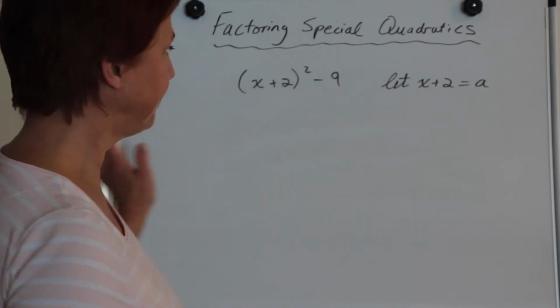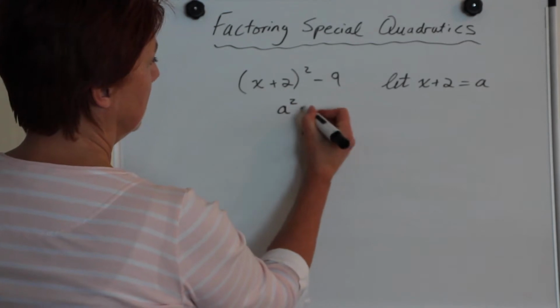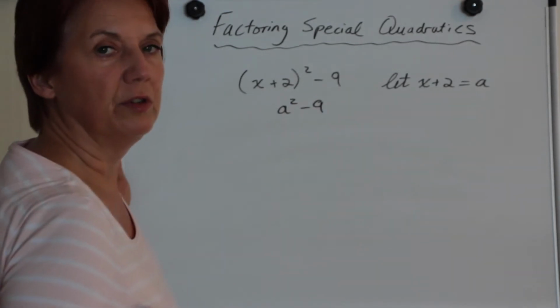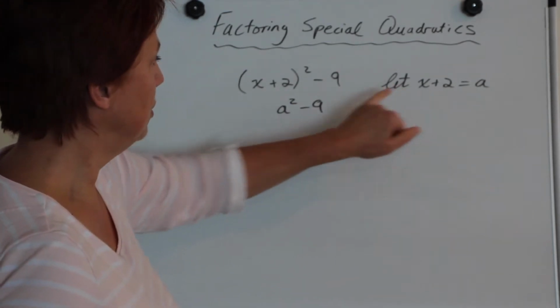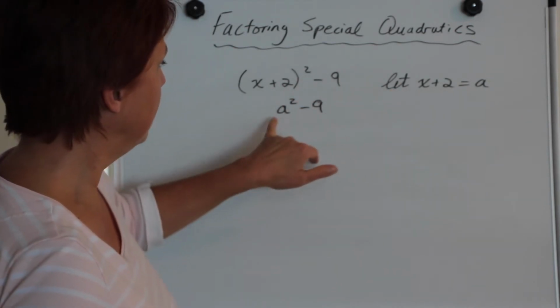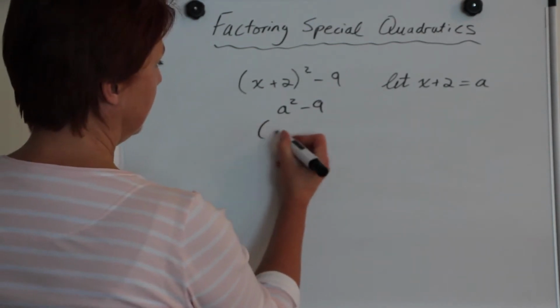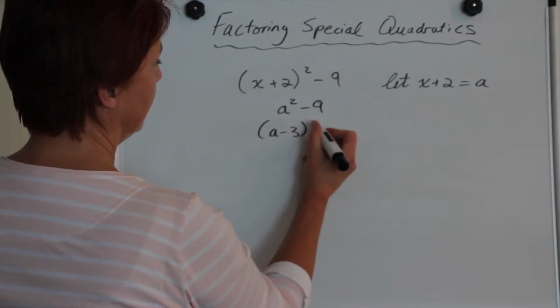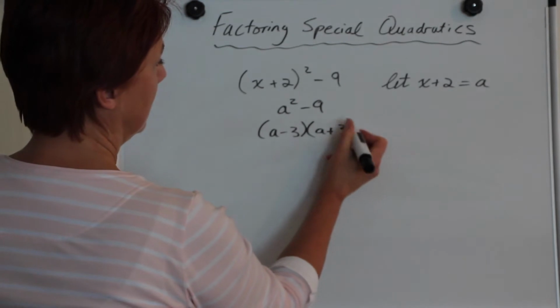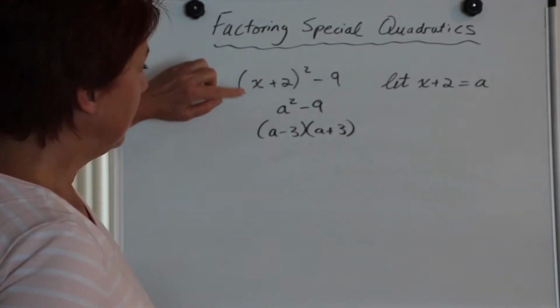Okay, that won't work. So then I rewrite this, putting my substitution in place. So x plus 2 was being squared. And if x plus 2 is now a, then a is being squared. Okay? So this makes it really simple to factor. It's simply a minus 3, a plus 3. But our original question was in terms of x, not in terms of a.